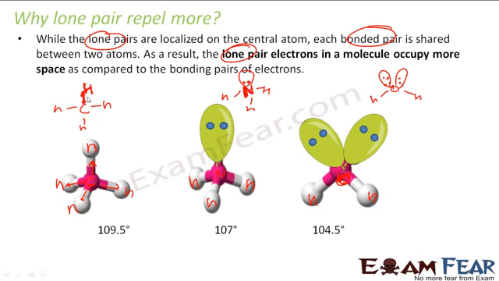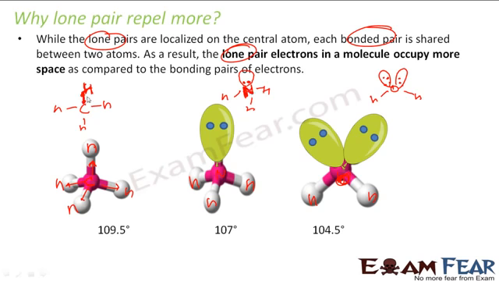If you take water, since there are 2 lone pairs on oxygen, it will repel all the more. Since it will repel all the more, the angle will further go down, it will become 104.5. Correct? So this angle was 109, this became 107, all the more repulsion, it becomes 104.5. So this is just repulsion logic.